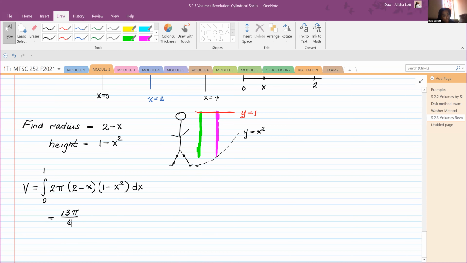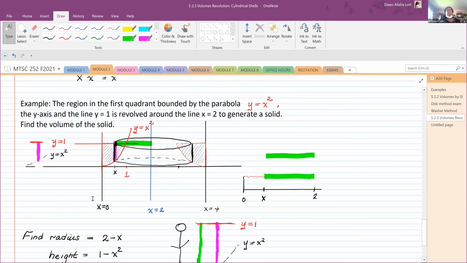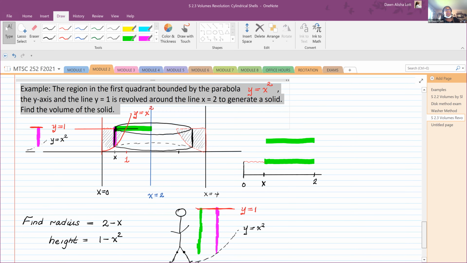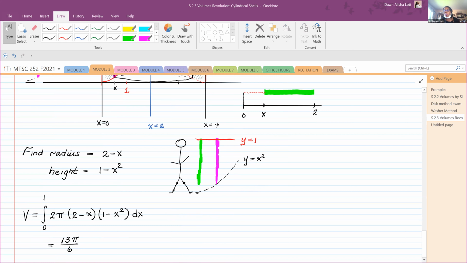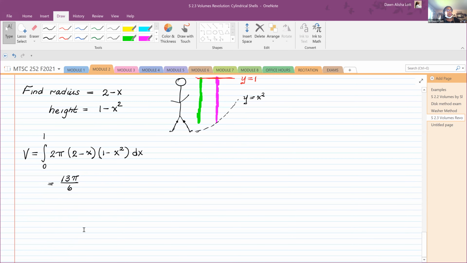Let me give you a problem for tomorrow. We're going to do the same problem, but revolve it around the line x equals -1.